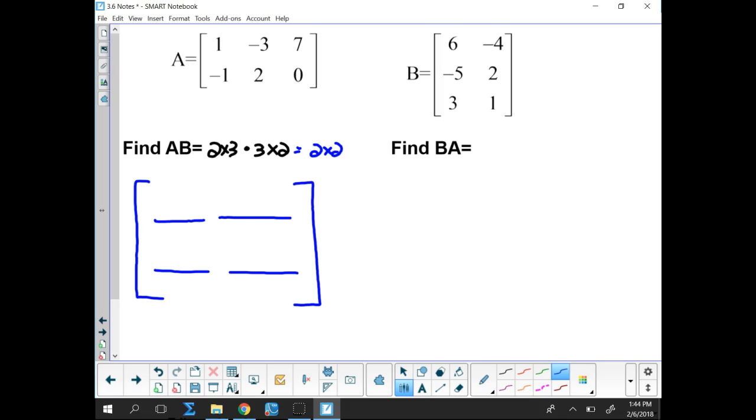So row 1 is 1 times 6 plus negative 3 times negative 5 plus 7 times 3. Row 1, column 2 is 1 times negative 4 plus negative 3 times 2 plus 7 times 1.